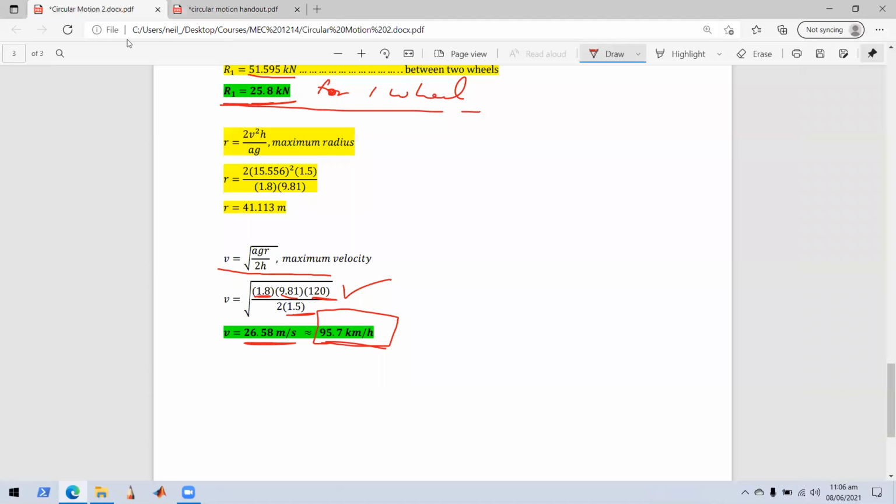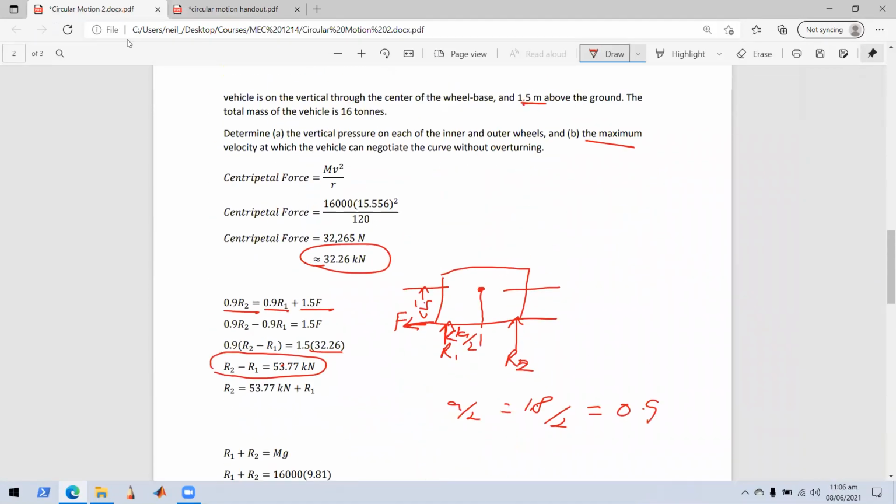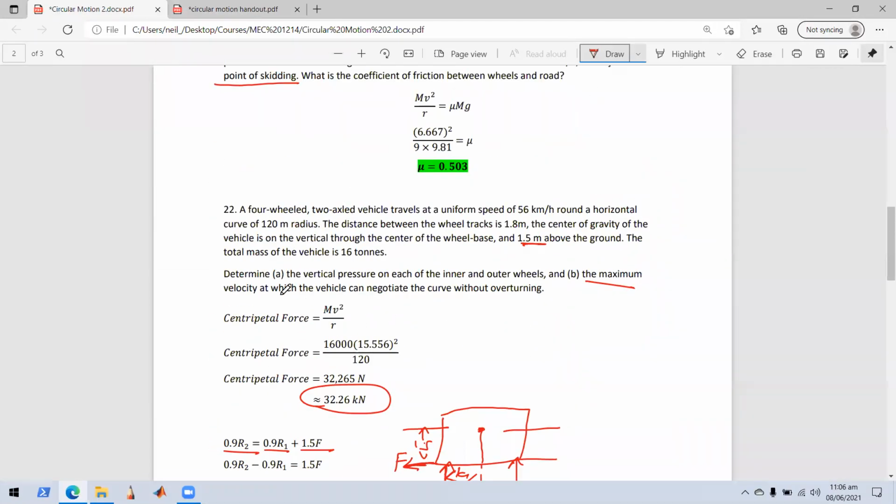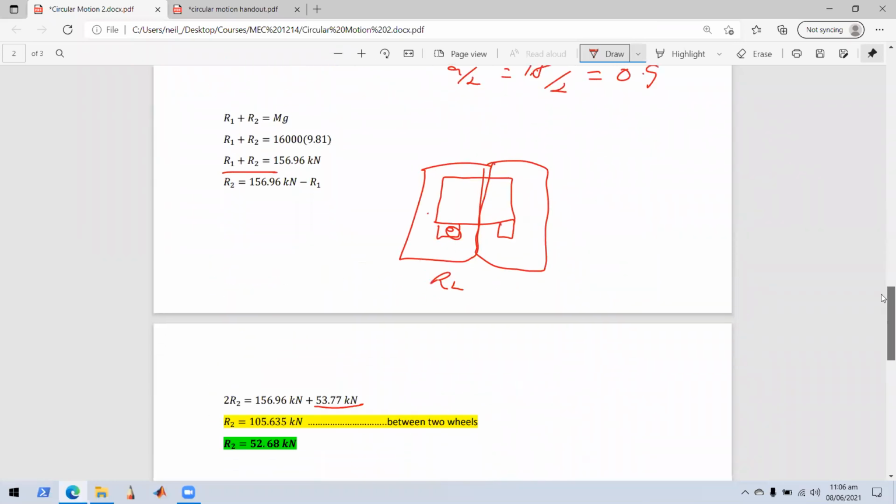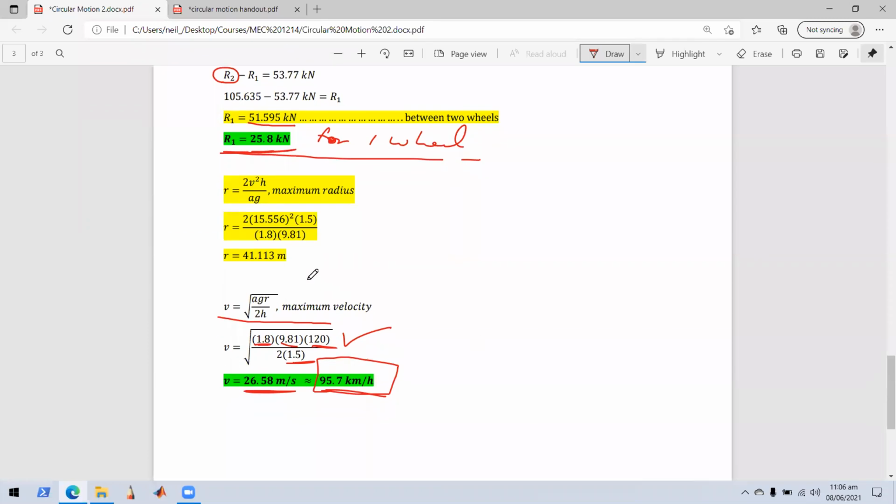But for that B part it was 41.1 meters. And they asked for maximum velocity, so velocity can't be in meters. What happened was they accidentally calculated the minimum safe radius or maximum radius as 41.1. So the book has a mistake for that question. This here is the correct answer, 95.7 kilometers per hour.